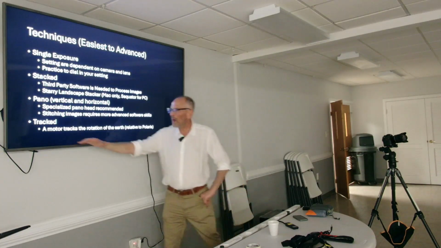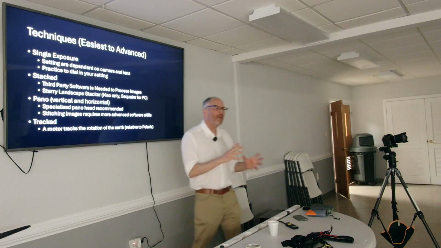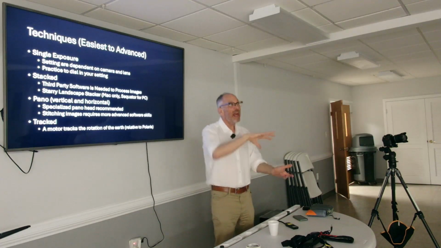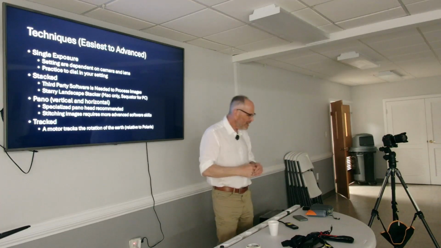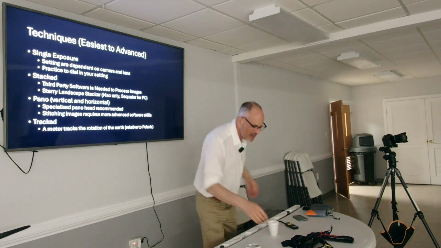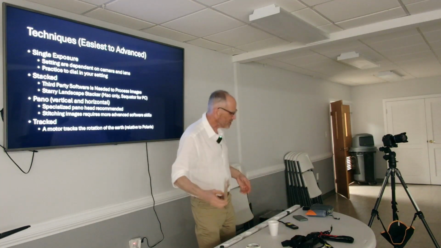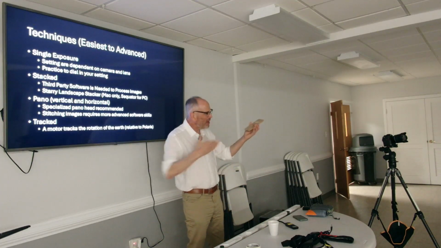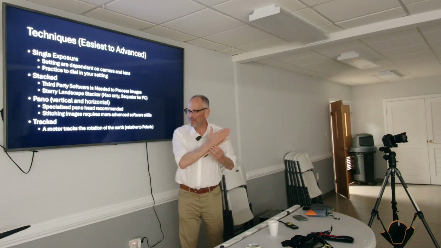One way to avoid star trails is to put the camera on a mount that basically rotates counter to the rotation of the Earth. To make this work, the axis of the motor, and I didn't bring mine here, I'm glad I got all this other stuff, needs to be pointed toward Polaris.